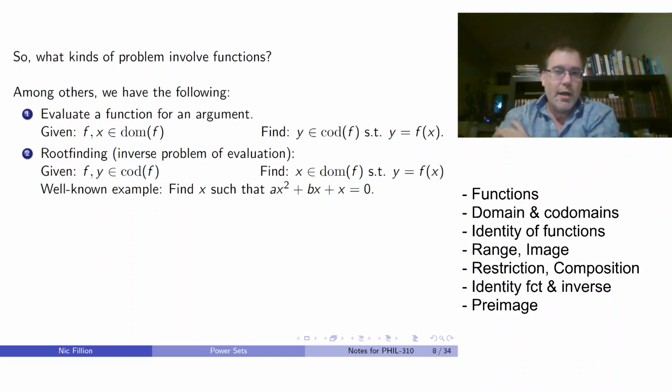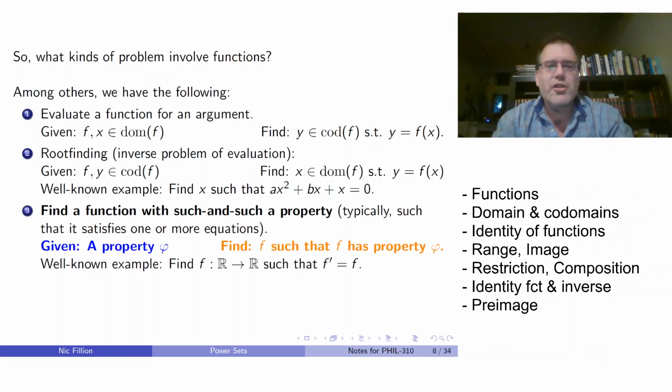Right? But the function is given to us. In the third kind of problem, the function is kind of the unknown. All right. So we're asked to find a function that has such and such a property. Typically, the property is going to be given in the form of an equation that the function has to satisfy.